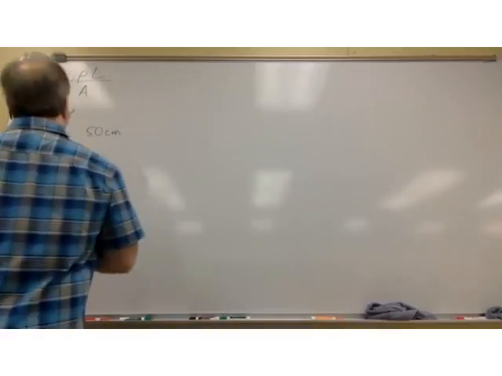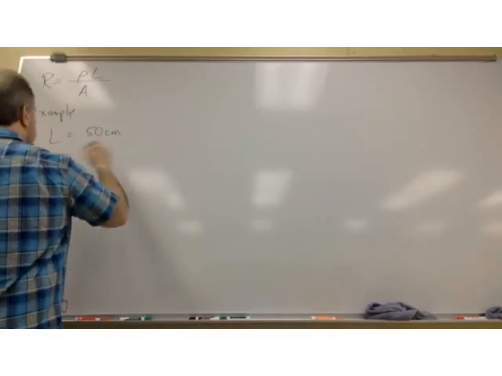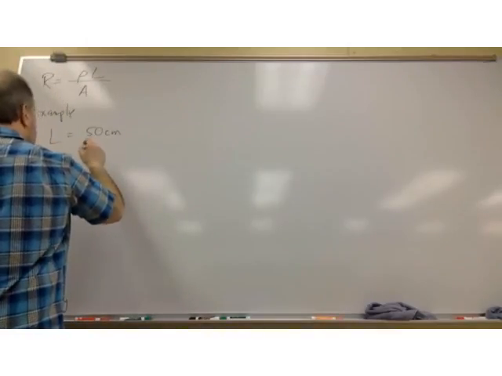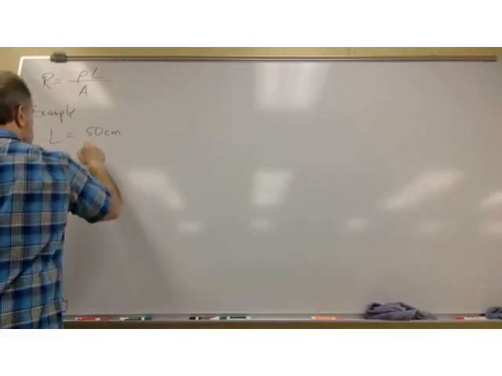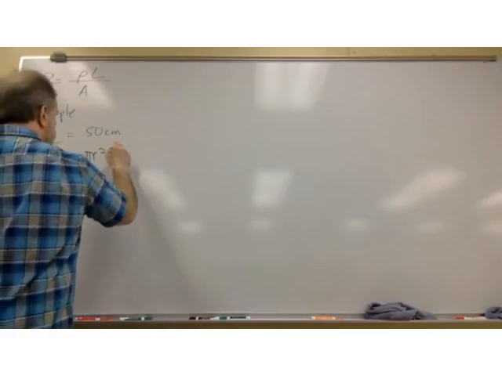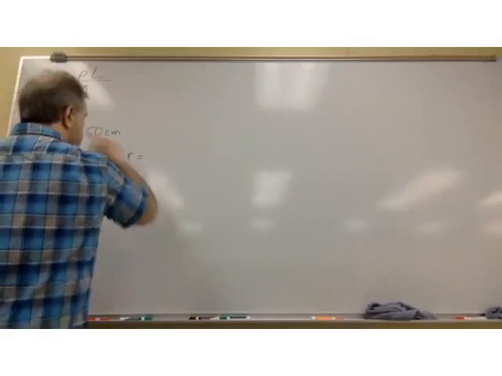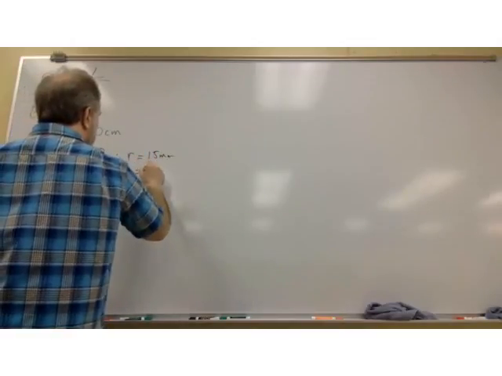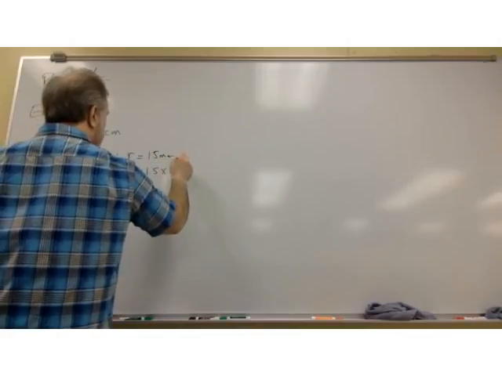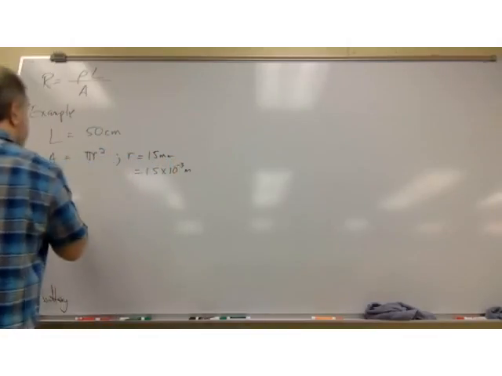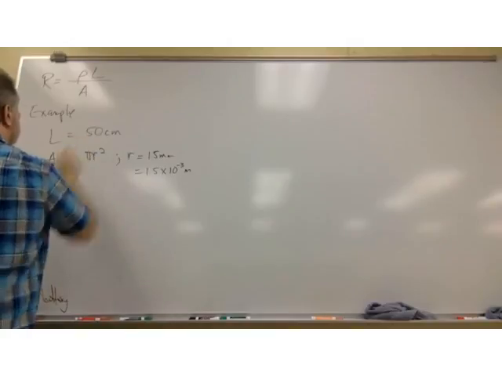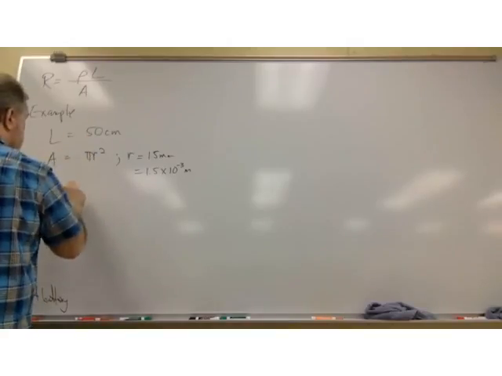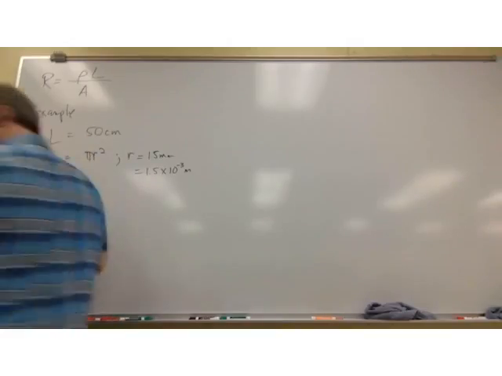Okay, anyway, the cross-sectional area is effectively, well, let's say your typical radius for such a thing would be about 1.5 millimeters, which is, of course, 1.5 times 10 to the minus 3 meters. And then the resistivity of copper, I mentioned that in the previous one, was it 1.5?